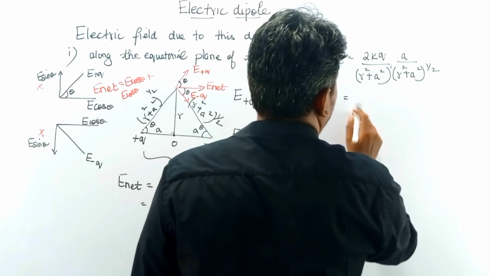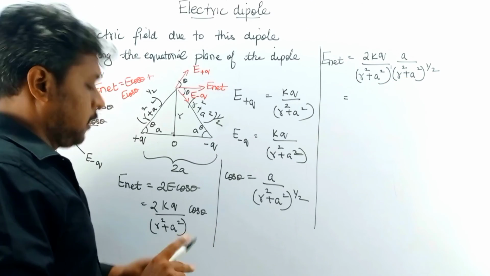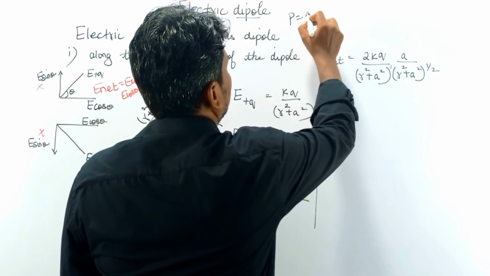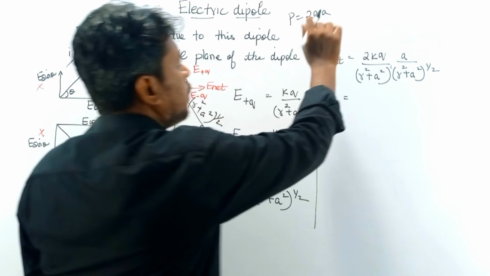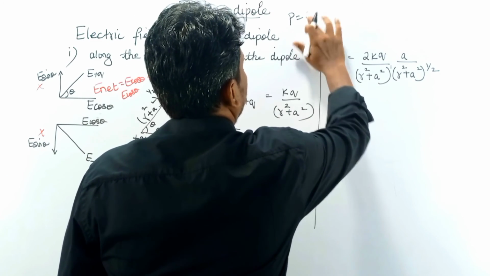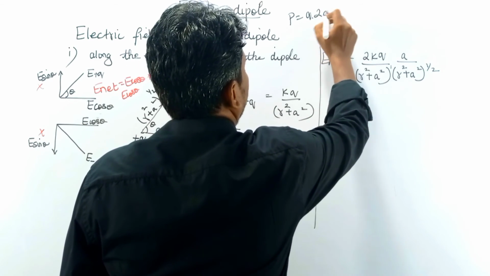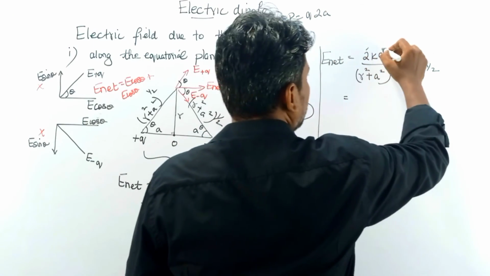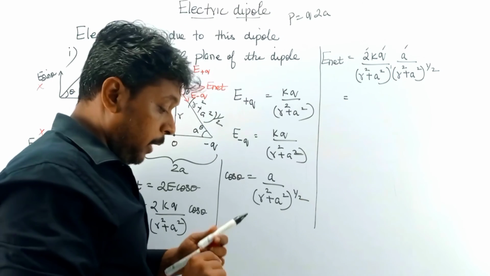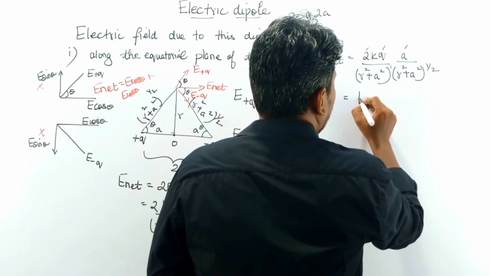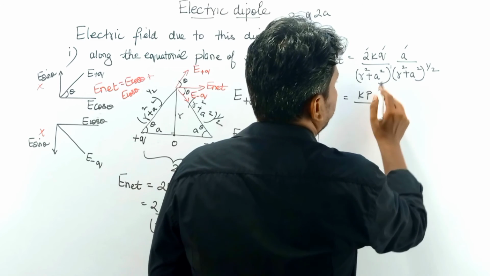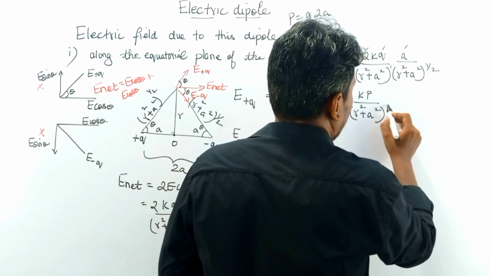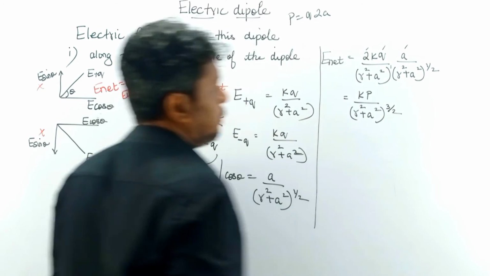You know that the dipole moment P is equal to 2Q into 2A, so we replace 2Q and A by P. It could be written as KP by R square plus A square whole power 3 by 2.